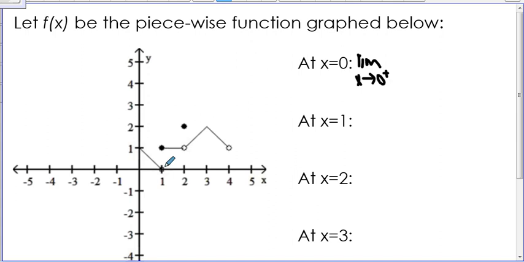Coming from the right, it's approaching 1. So the limit of f of x as x approaches 0 from the right-hand side is 1, but there is none for the left-hand side.